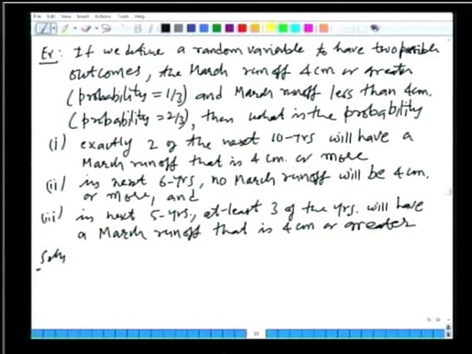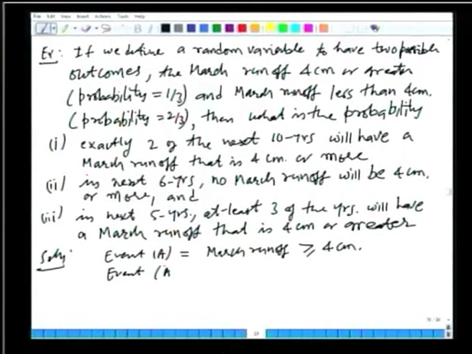So, let us look at the solution in which let us say you have event A as the March runoff greater than or equal to 4 centimeter, and then event B, or I would say A bar, that is non-occurrence of event A, is March runoff less than 4.